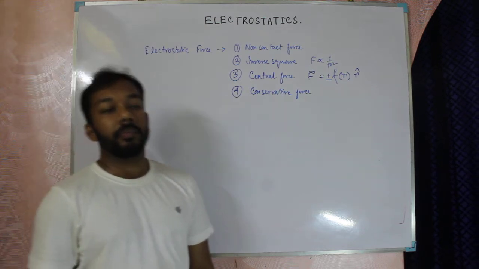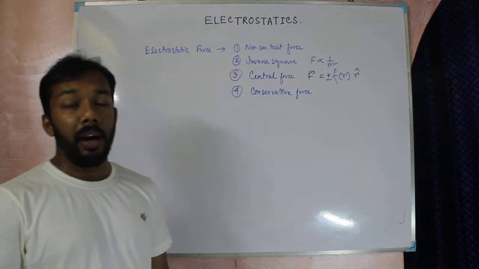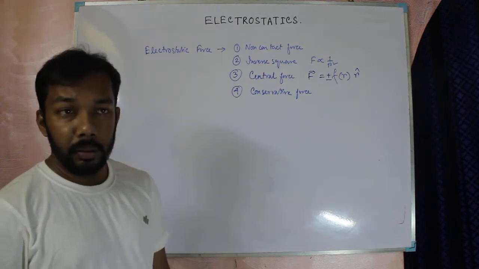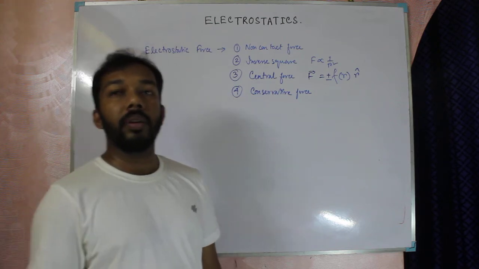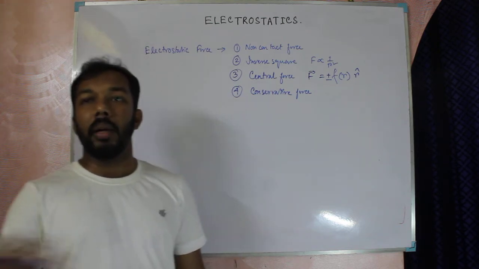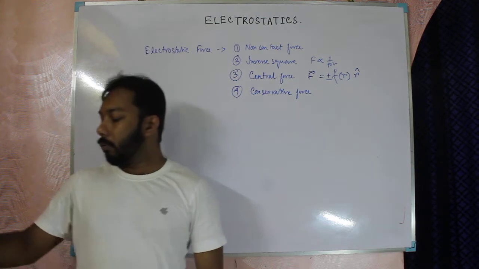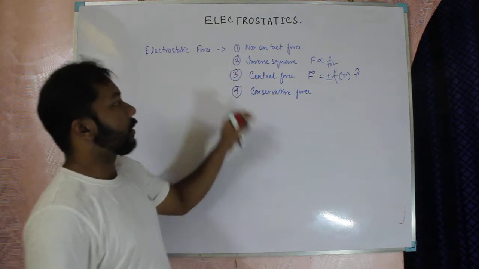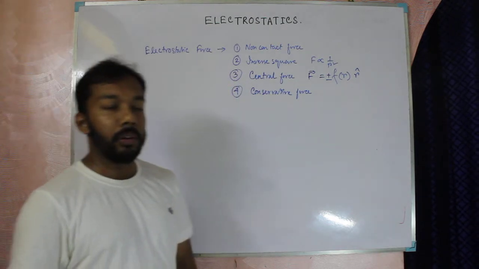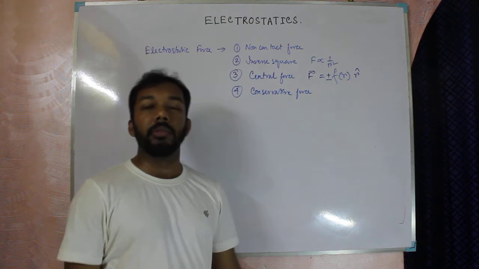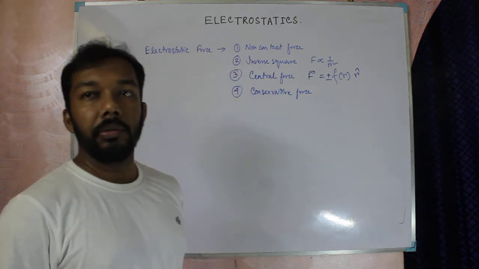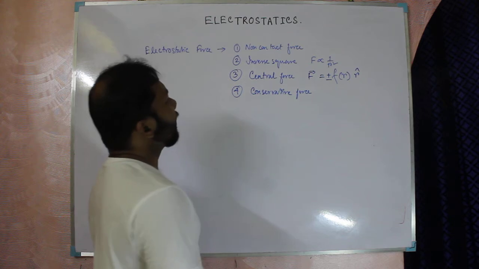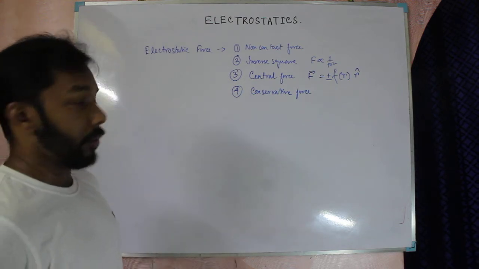That means here we can find the potential, and the difference between the two potential can give the work done while moving one charge from one point to another. We'll learn it later. Now we just know it is a conservative force, that means work done does not depend on path, and we can also get back the work done, and the total mechanical energy will remain conserved. So these are the general features of electrostatic force.